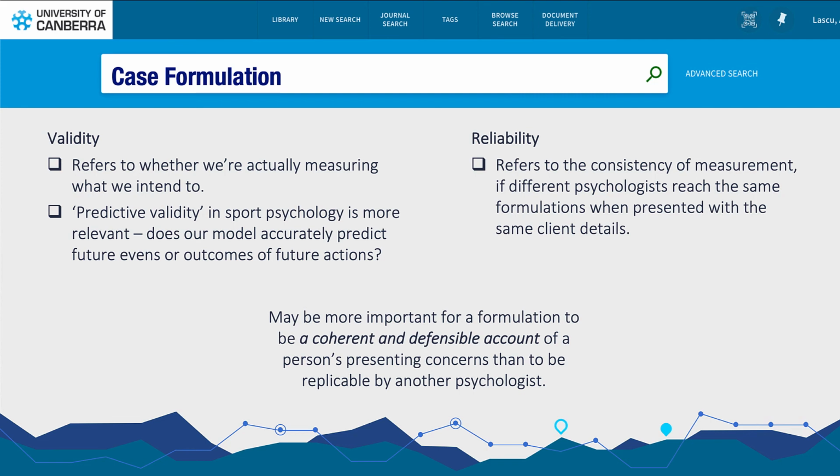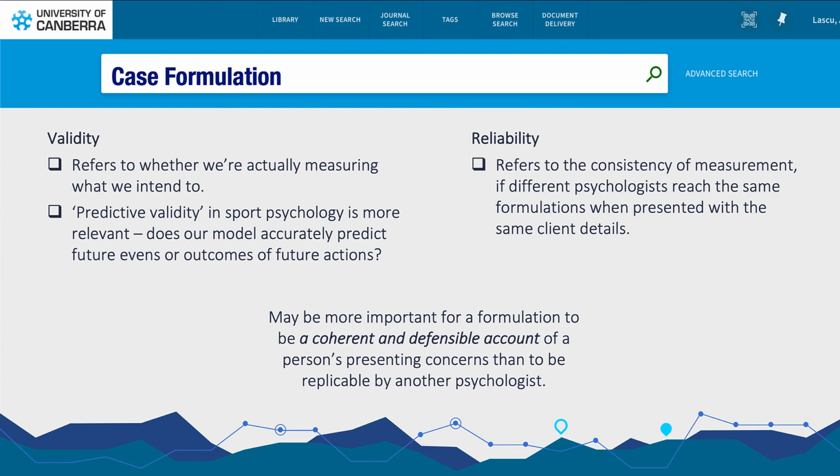We again consider what validity and reliability means in the real world of being a sports psychologist. Validity refers to whether we're actually measuring what we intend to, whereas reliability refers to the consistency of a measurement. Within case formulation, we look at validity as predictive validity. It's more relevant this way, and it makes us question if our model accurately predicts future events or outcomes of future actions.